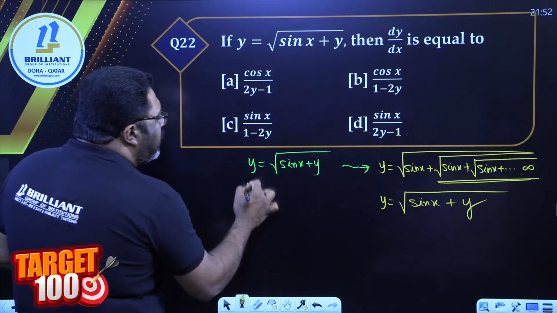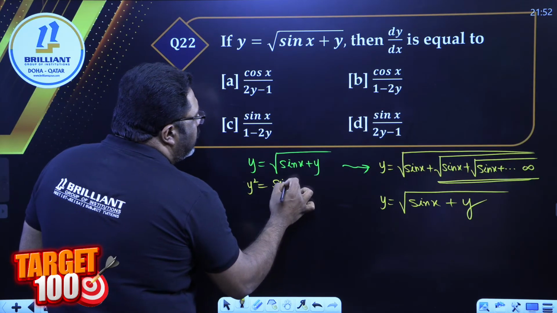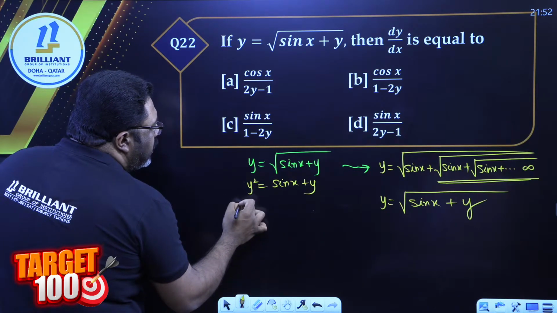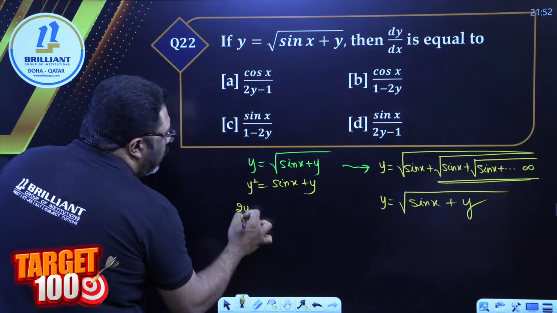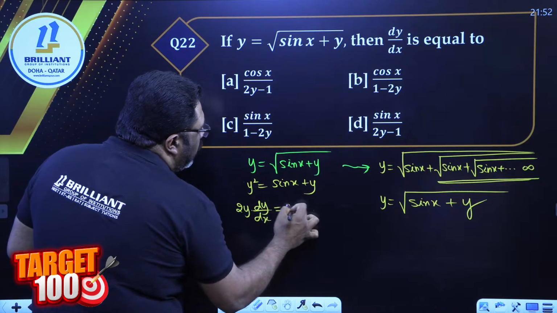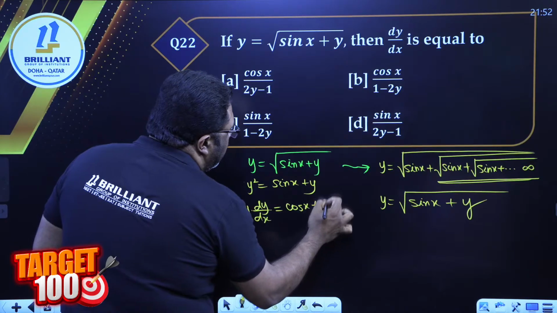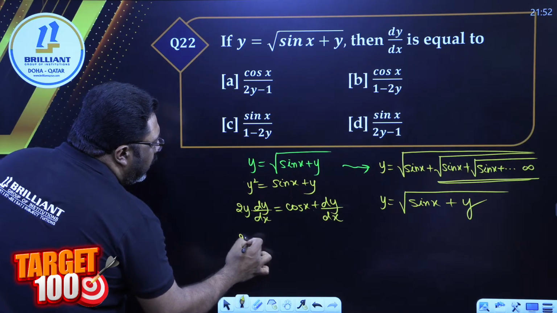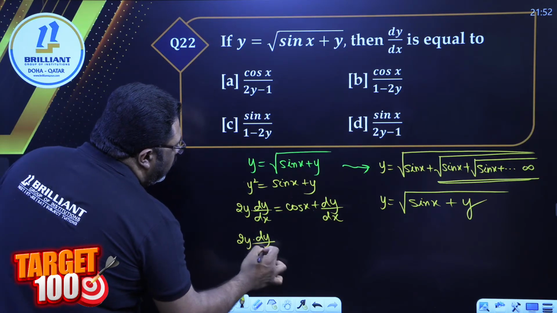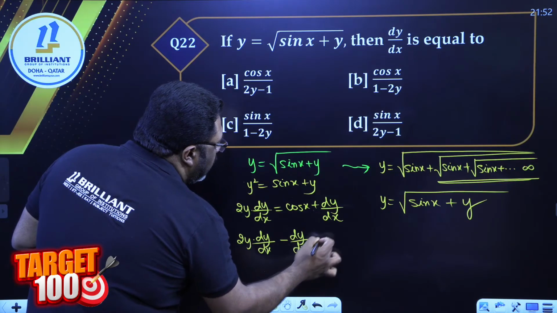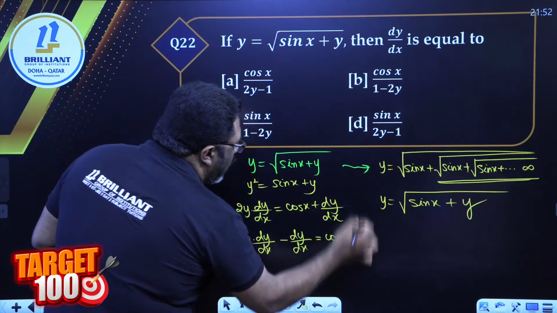Then what is going to be y squared? y squared is equal to sin x plus y, and they're asking you to find dy by dx. So what's the derivative of y squared? 2y into dy by dx equal to cos x plus dy by dx. Bring dy by dx to the left side: 2y into dy by dx minus dy by dx equal to cos x.